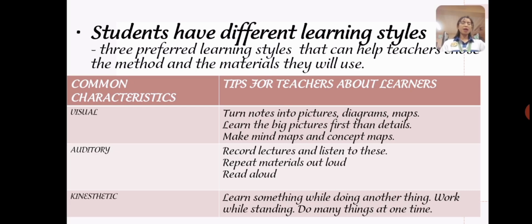And here are some tips for teachers about these learners. Turn notes into pictures. Instead of giving notes, a teacher may use pictures, diagrams, and maps to convey the lesson.